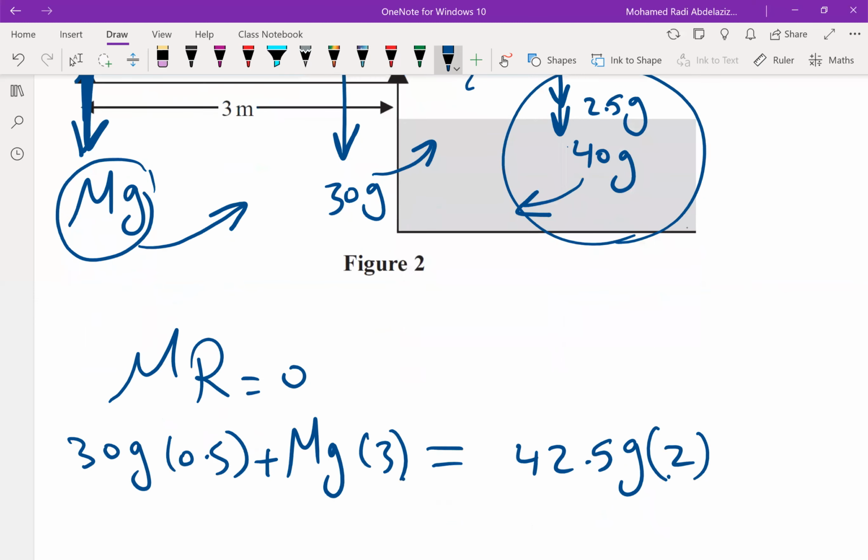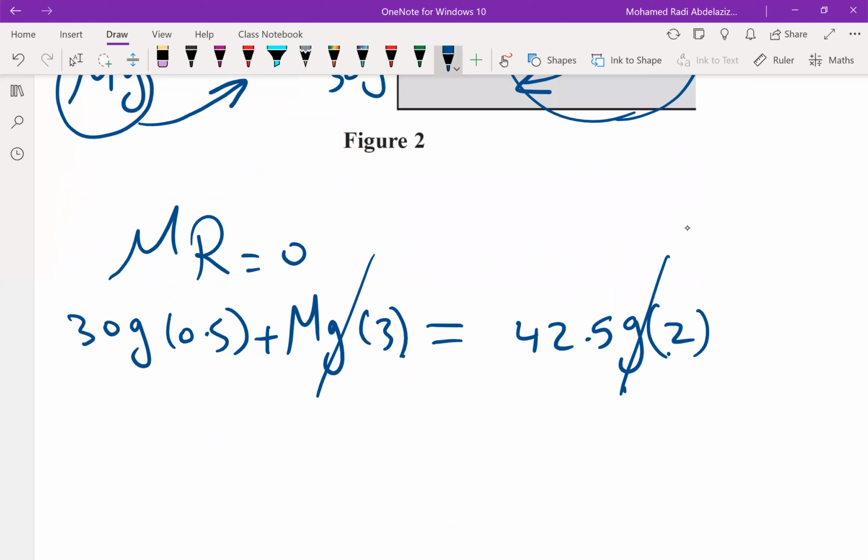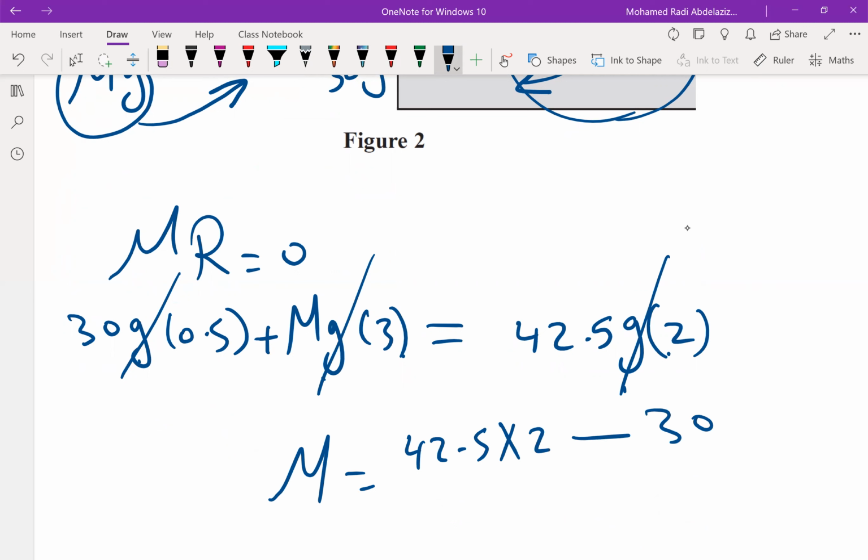By solving this equation, we can divide it by g. So m is equal to 42.5 multiplied by 2 minus 30 times 0.5, all divided by 3.